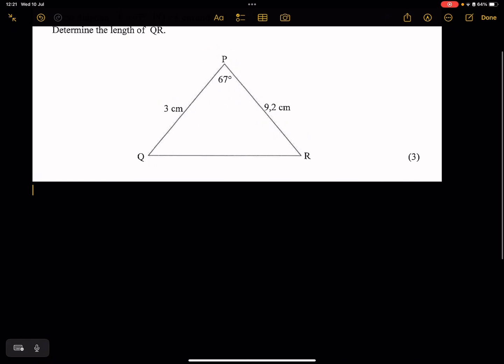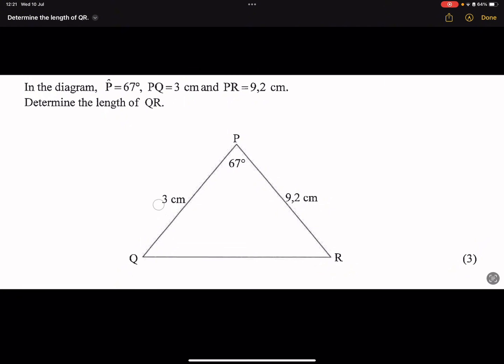Right, so now we are going to look at what we actually have. When I look at this on my triangle, I can see that I've got two sides, which are these two sides.